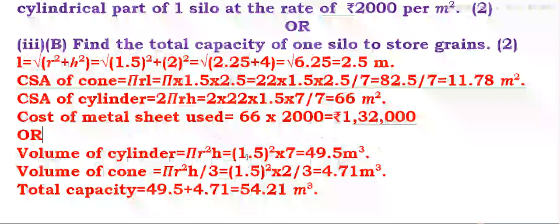We will place the values r equal to 1.5, pi equal to 22 by 7 and h, that is 7, so we will get 49.5. Volume of the cone is pi r square h by 3, that is 4.71. The total capacity will be, adding both, that will be 54.21 cubic meters.